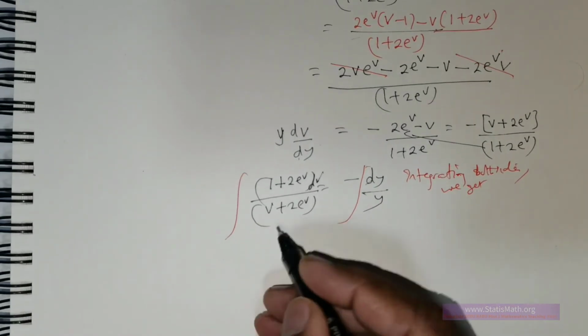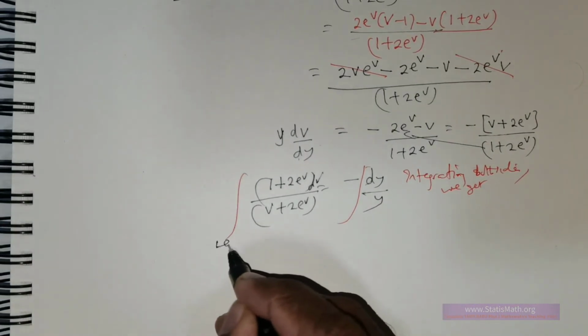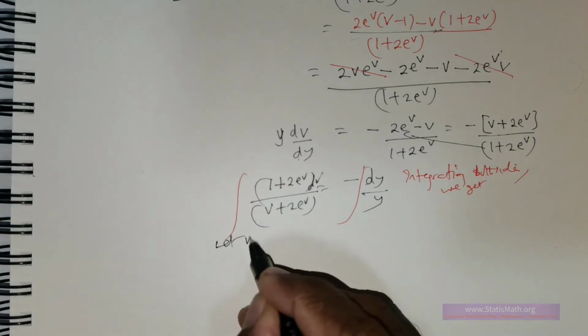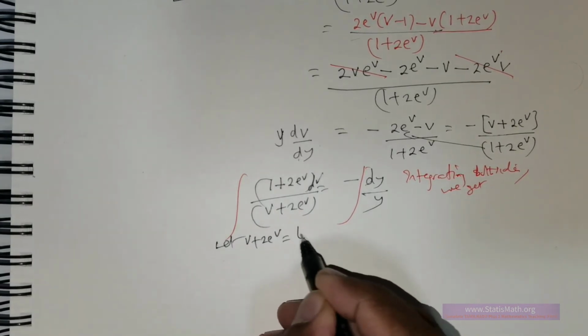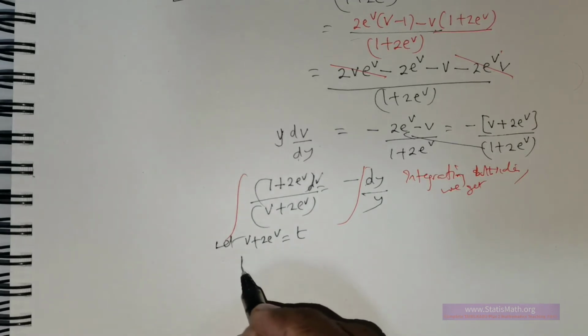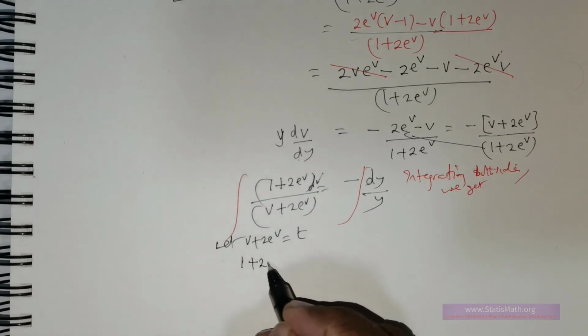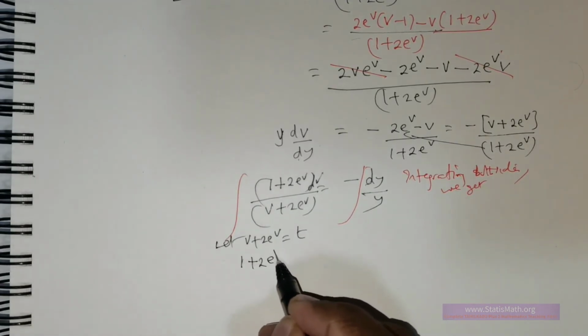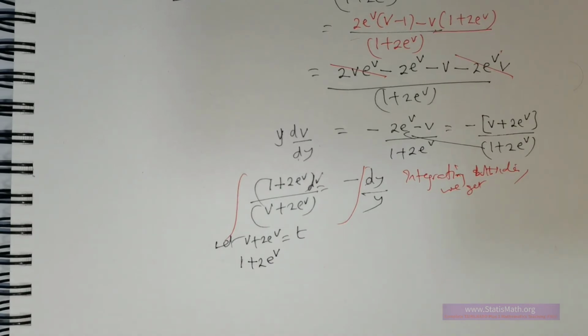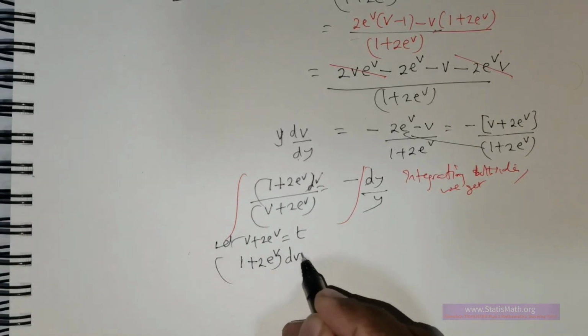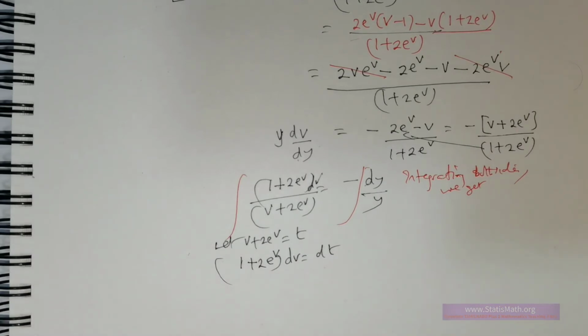Now to make the substitution on the left, if I were to let v + 2e^v be some t, and I differentiate, I get 1 + 2e^v times dv is equal to dt. This is what I get.